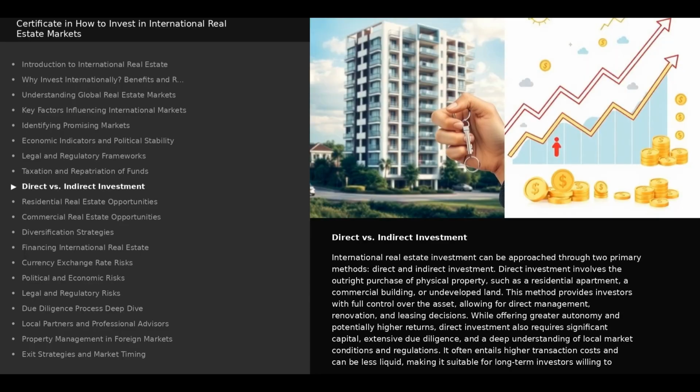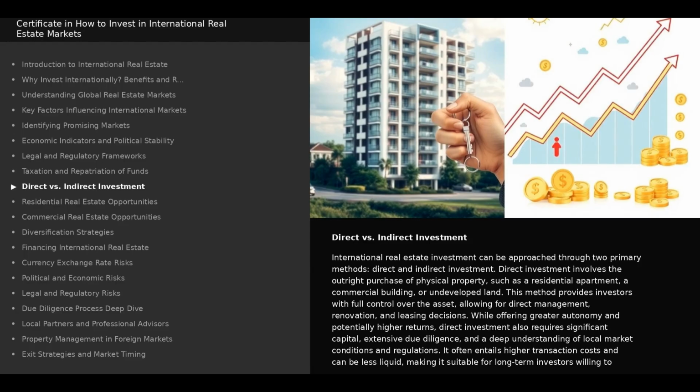Direct versus indirect investment. International real estate investment can be approached through two primary methods: direct and indirect investment. Direct investment involves the outright purchase of physical property, such as a residential apartment, a commercial building, or undeveloped land. This method provides investors with full control over the asset, allowing for direct management, renovation, and leasing decisions.